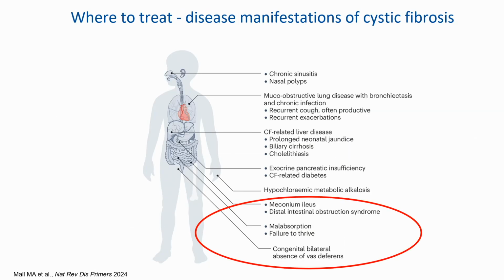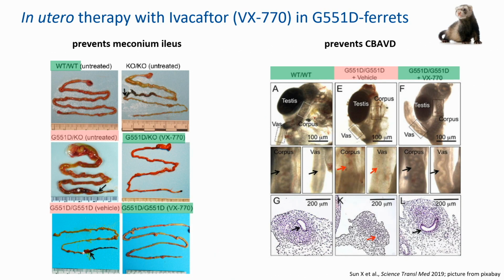And now, taking this to the next level, looking at meconium ileus, but also at congenital bilateral absence of the vas deferens. I think we have to take one step back and look at the animal models. And we do have really nice data here from in utero therapy of the ferrets, of G551D ferrets treated with ivacaftor or VX770.